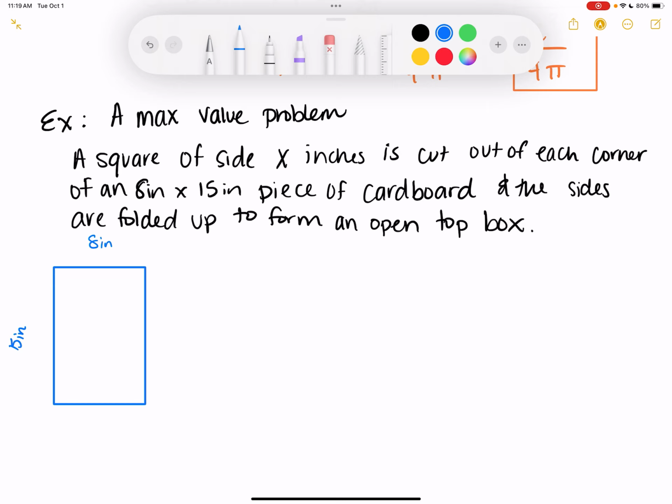So that means I am cutting a piece out of each one here like this, and the sides of the square are x. Then these are going to be folded along these dotted lines here.